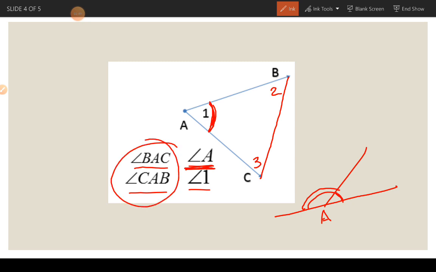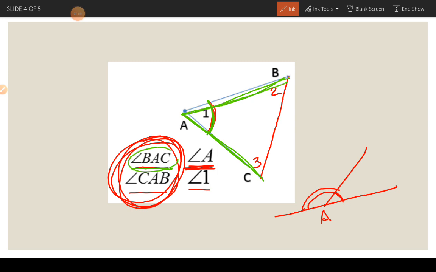This right here is what you guys are going to see in your assignments a lot. And how we use this information is this is saying angle BAC. So it means we're starting at B, we go through A, and we go to C. See how it's creating that angle right there? That would be BAC.